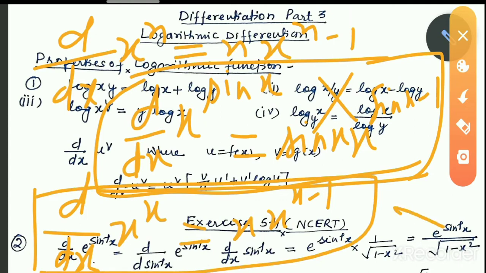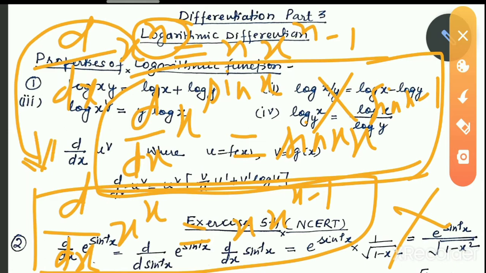There is no such formula here. Actually, in the formula, n is a real number, so it is not a variable, and here sin x is a variable, x is a variable.